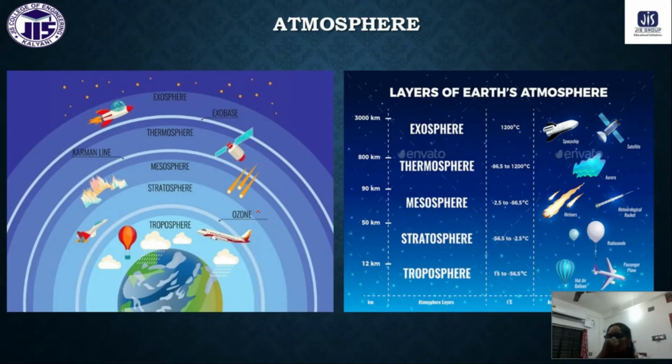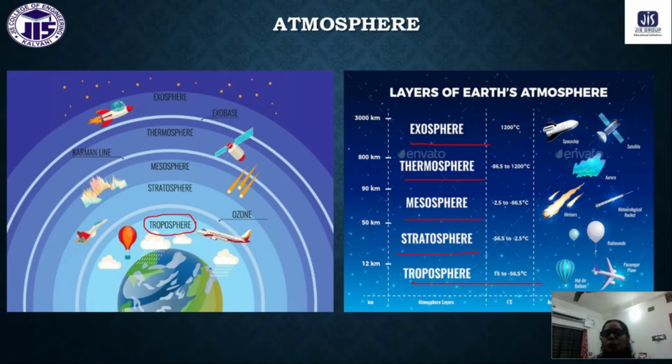Okay, now the atmosphere. This is the total layers of the atmosphere we have. Around the earth surface where we live, that is the troposphere.